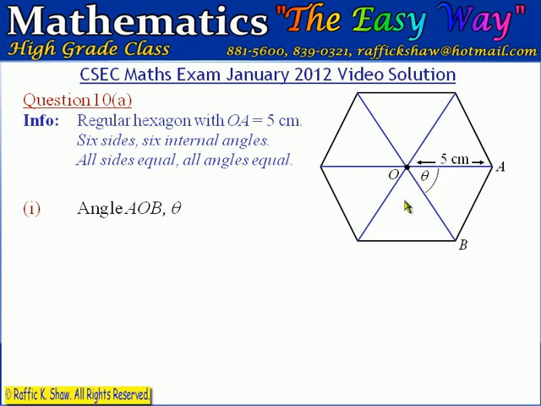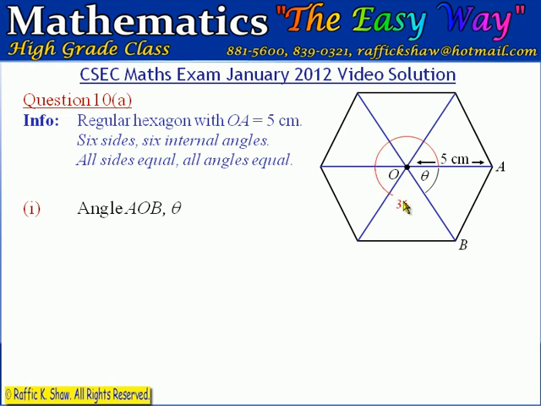Around the center, we can make a circle that will have a total of 360 degrees, and there will be 6 of these theta angles inside that 360 degrees. So let me go ahead and show that. There it is.